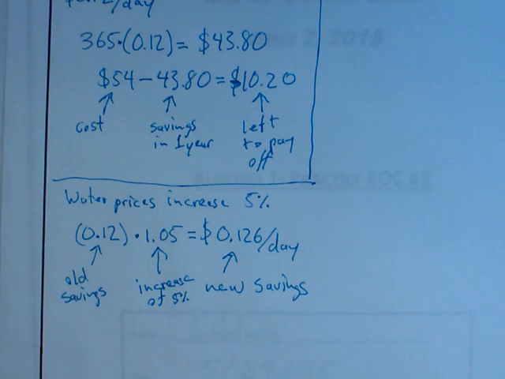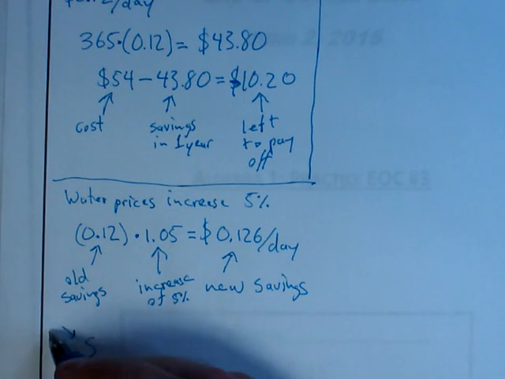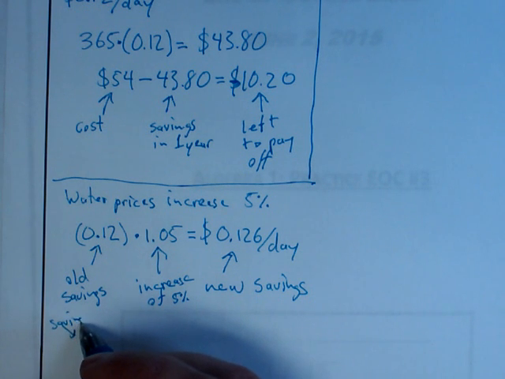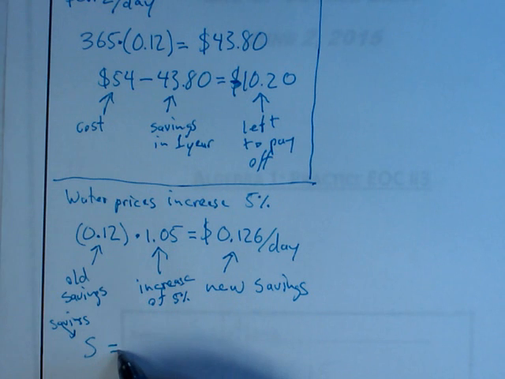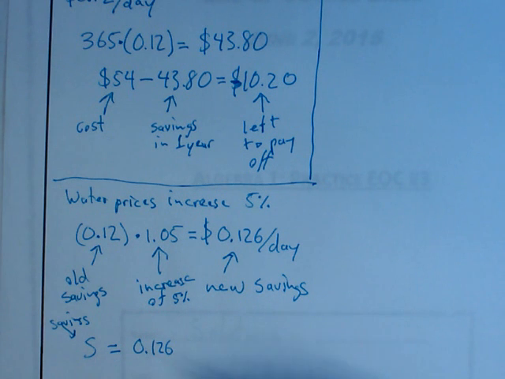So now if we say that S, this is the savings, is equal to, they save 0.126 times the number of days that they save it, and I'm going to just call this D sub 2.